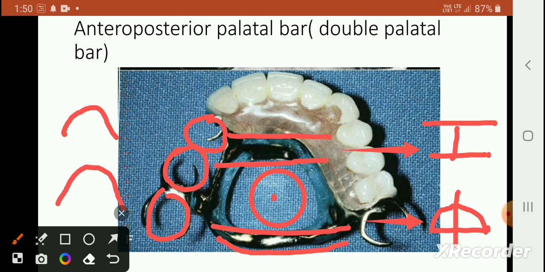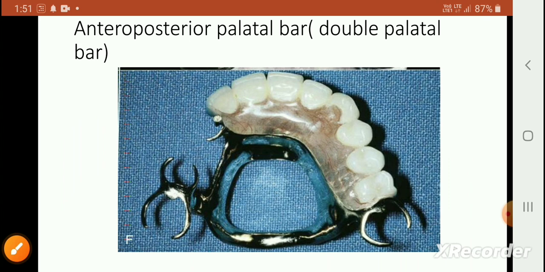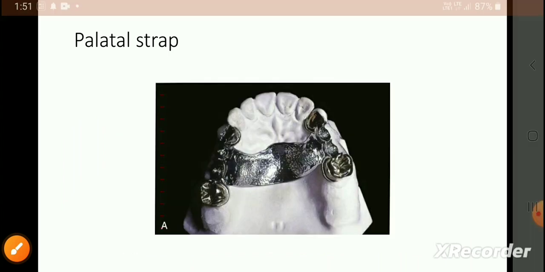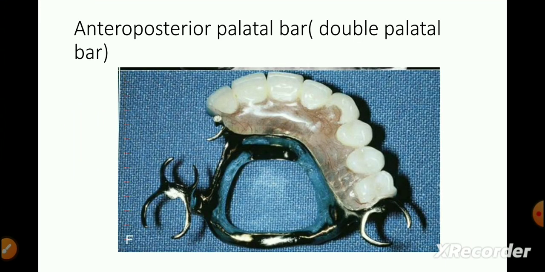These are the important features. Repeating the important features of the anterior posterior palatal bar: it has a flat anterior bar, which is narrower than the palatal strap, and the posterior bar is half oval, similar to the single palatal bar.